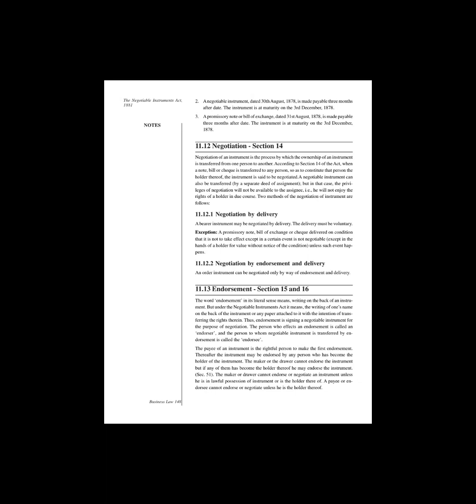The maker or drawer cannot endorse a negotiable instrument unless he is in lawful possession of the instrument or is the holder thereof. The payee or endorsee cannot endorse or negotiate unless he is the holder thereof.